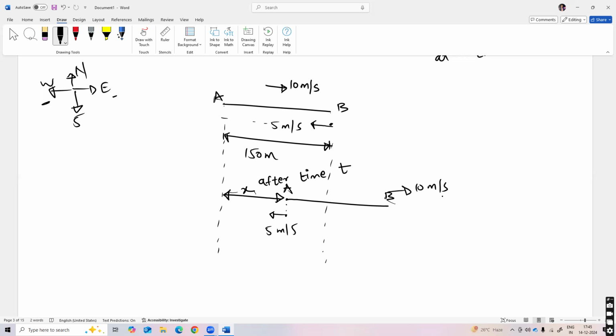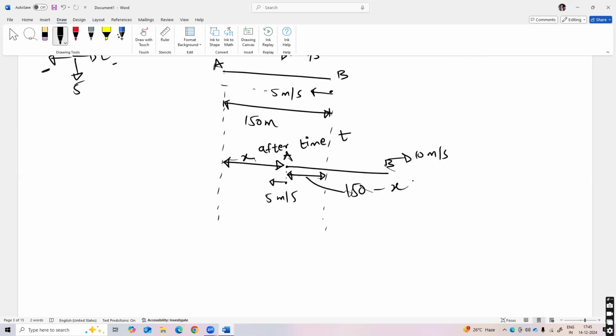This distance, which is the distance traveled by the bird, since the total length was 150 meter earlier, we can simply write as 150 minus x. So this x is the distance traveled by point A of the train. We know the velocity of point A, it was 10 meter per second.